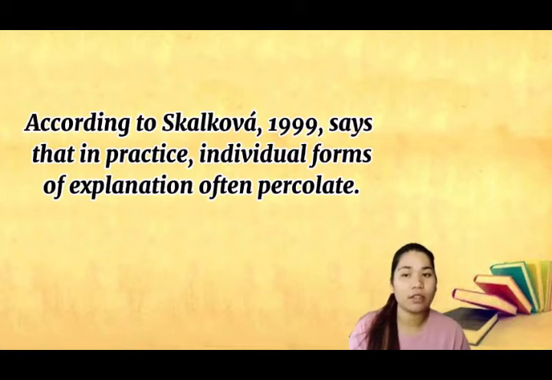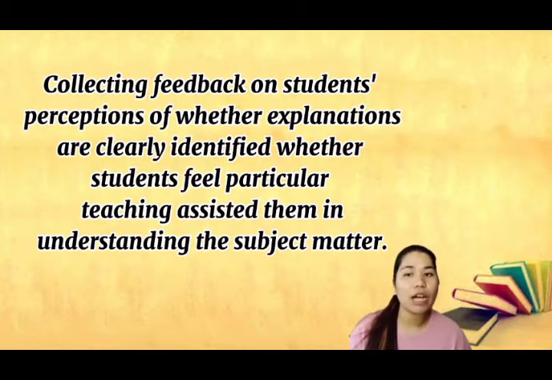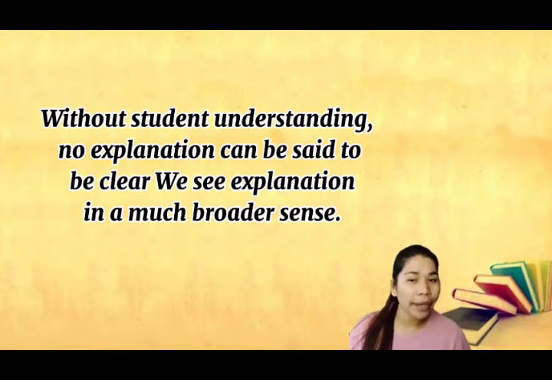According to Colvin 1999, in practice, individual forms of explanation often percolate in this perspective, with students passively receiving what is presented, collecting feedback on students' perceptions of whether particular teaching assisted them in understanding the subject matter. So, without student understanding, no explanation can be said to be clear.